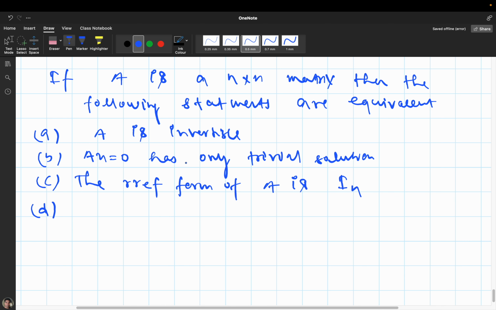All these statements are interchangeable, which means that if you have this condition, then you can prove this also and this also. And also, A can be expressed as a product of elementary matrices.